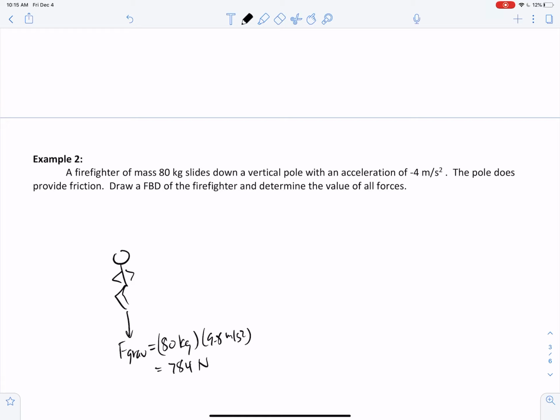There is going to be a force of friction upwards on the firefighter, because as the firefighter slides down, friction opposes that motion, but I don't know what that force of friction is. Okay. And I am going to find out the force of friction by getting the net force. Okay. So let's first do this. Find the net force.